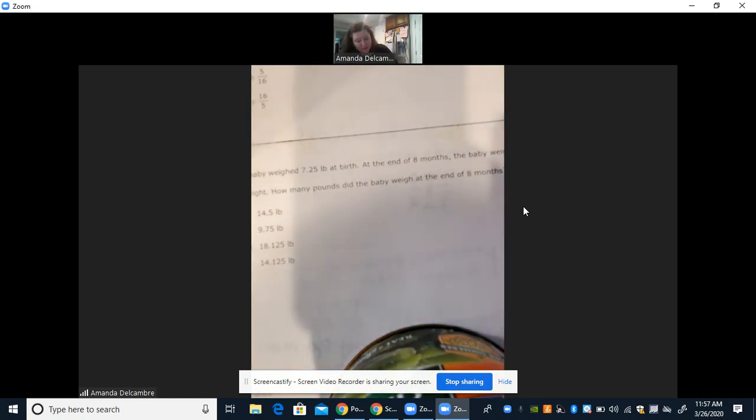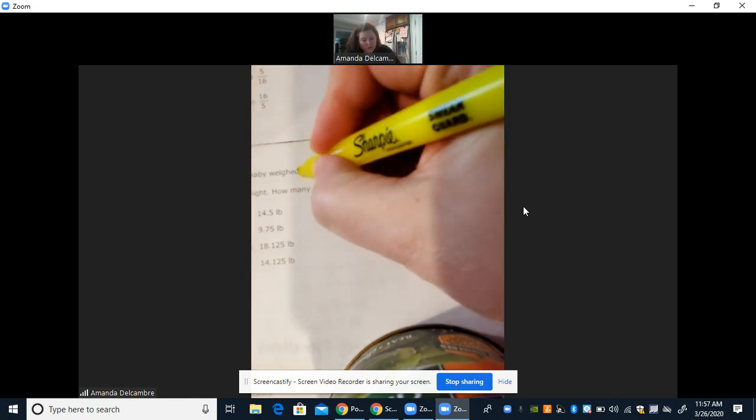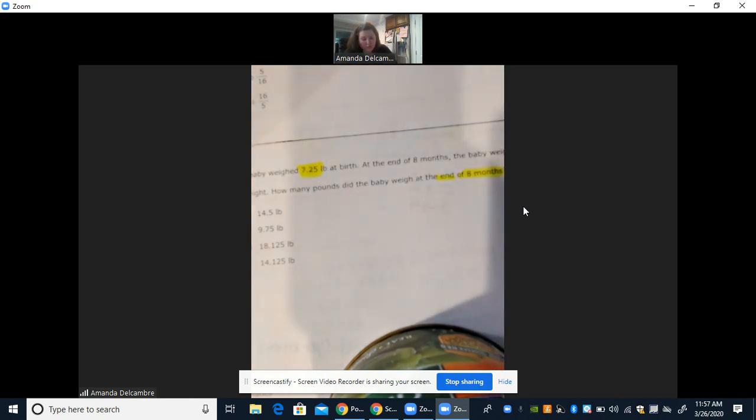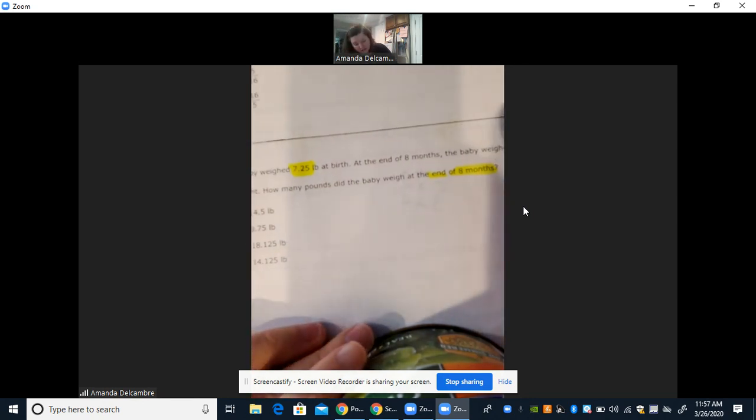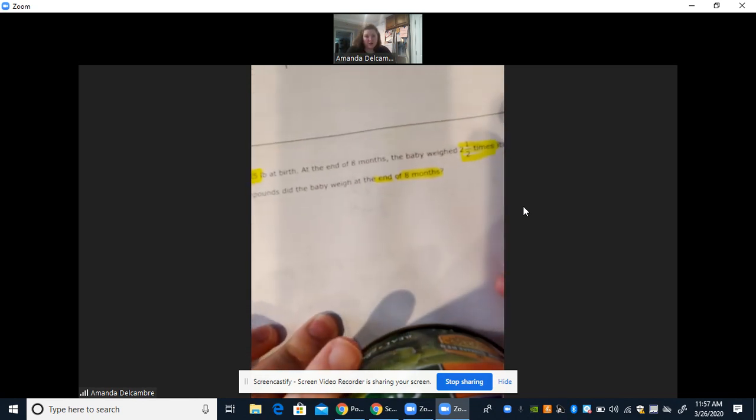We want to know how much it weighed at the end of 8 months. Well, this was the start weight, 7 1/4 pounds. Okay, 8 months passed and it weighs 2.5 times that. It even tells me what operation I'm dealing with here, guys.